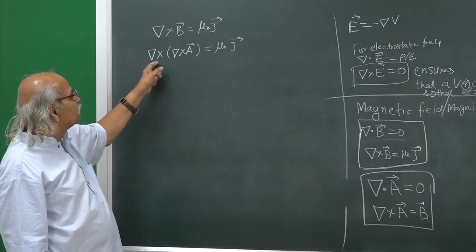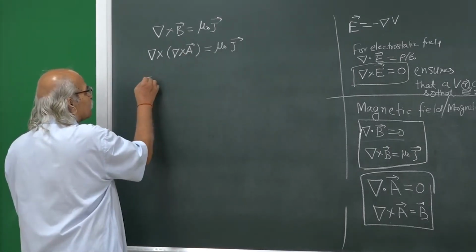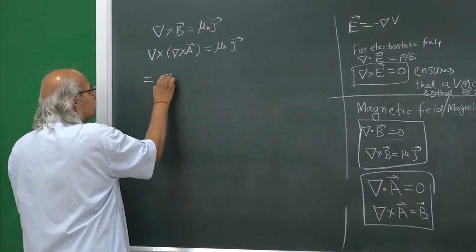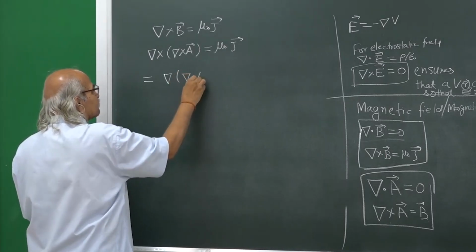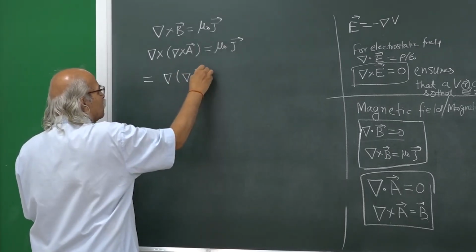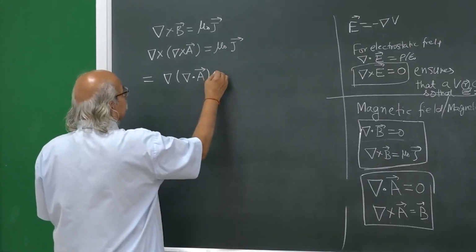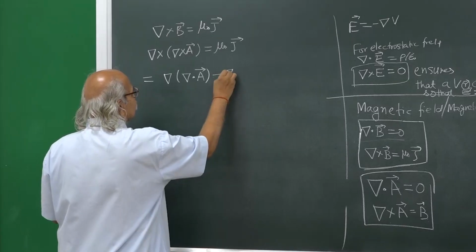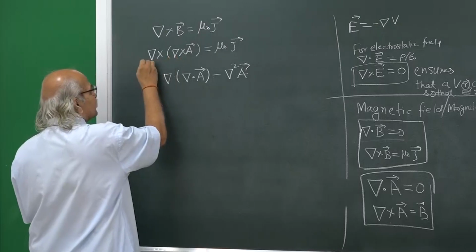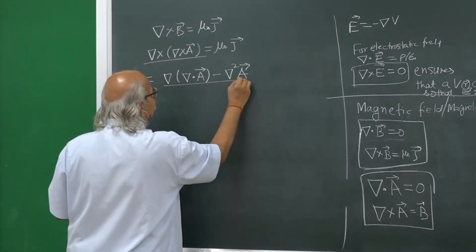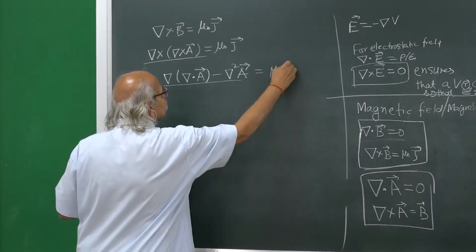So, that is curl of curl of A, and that turns out to be gradient of divergence of A. This I am writing without proving, and minus del square of A, that is the expression for this quantity, and this should be equal to mu naught times J.